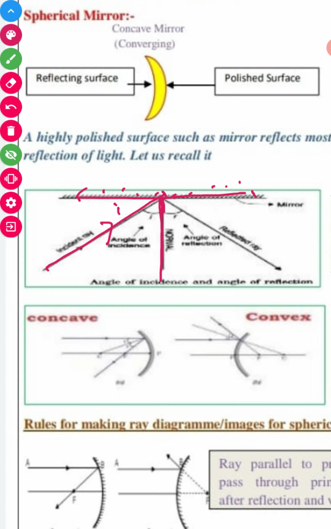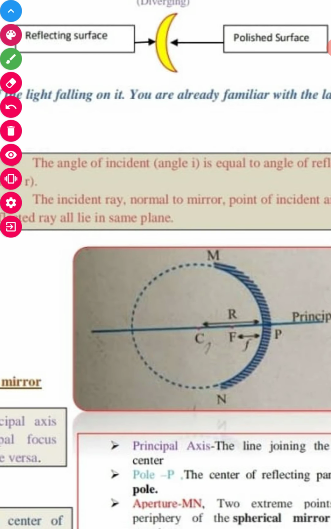When it strikes, it reflects back, and this angle of incidence I is equal to angle of reflection, right? This is called normal. This is normal and this is mirror. So first law of reflection is angle I is equal to angle R. Angle of incidence is equal to angle of reflection.